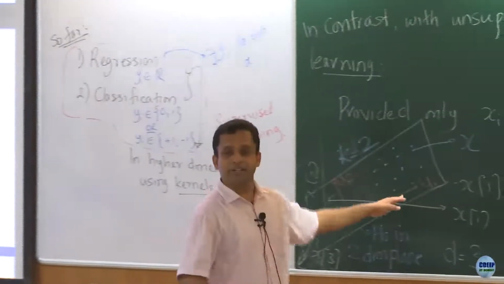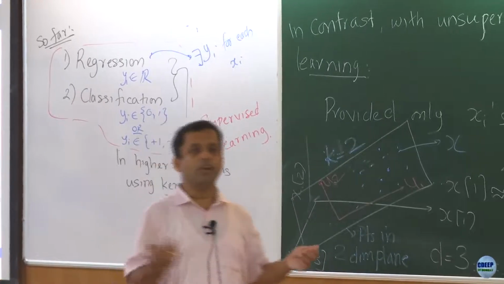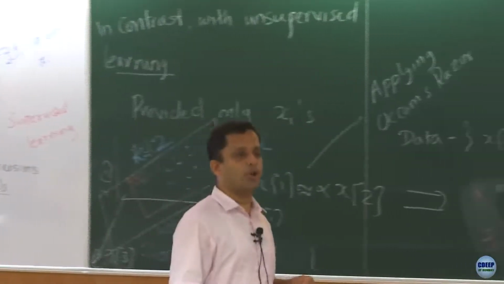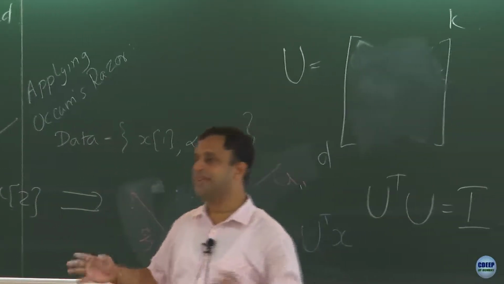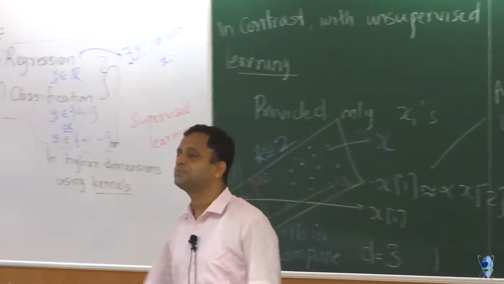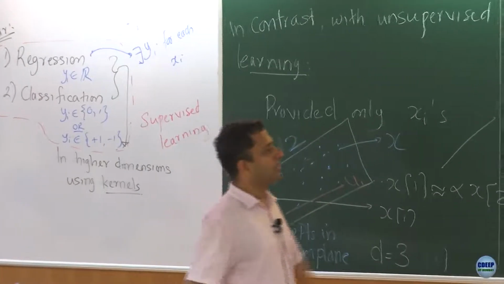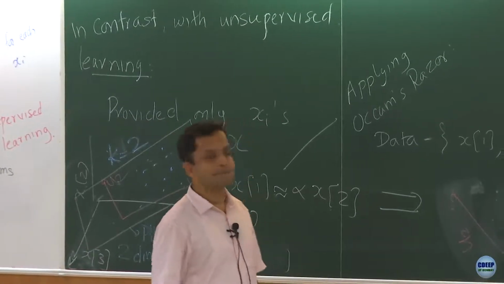And I've done that implicitly here. You could think of this as subscribing to Occam's razor in some form: keep the transformed space as simple as possible, and the transformation process as simple as possible. So we insist that U transpose U is I.